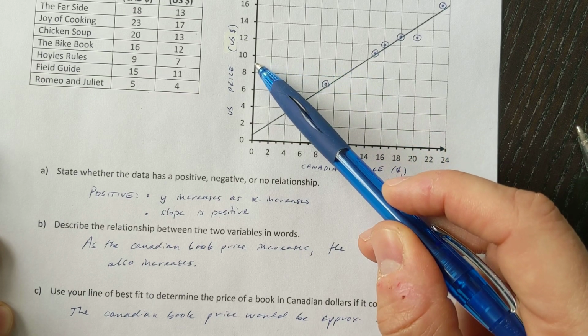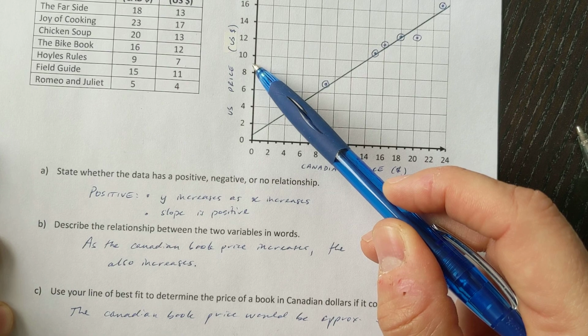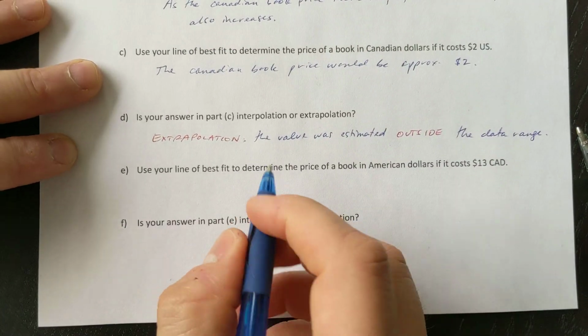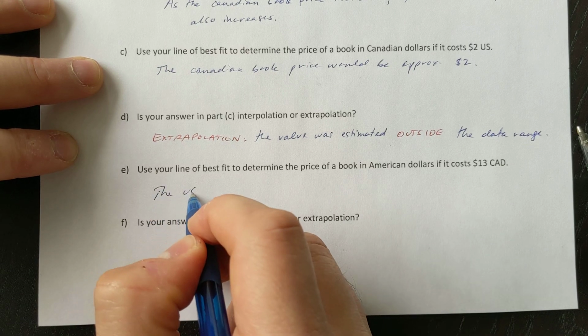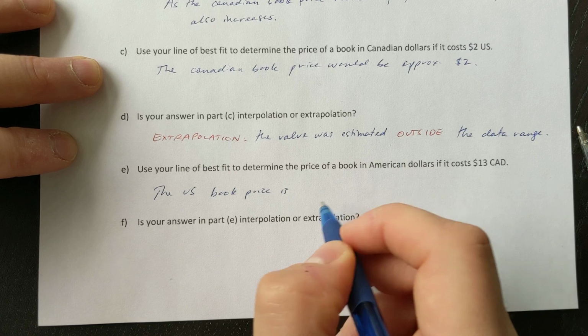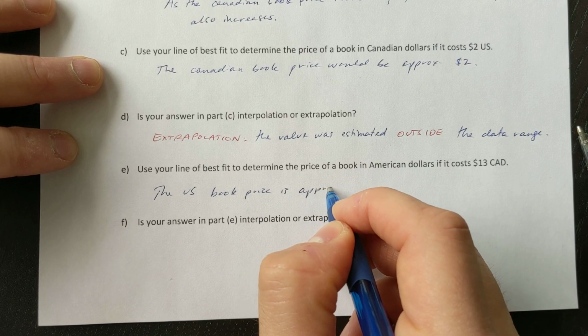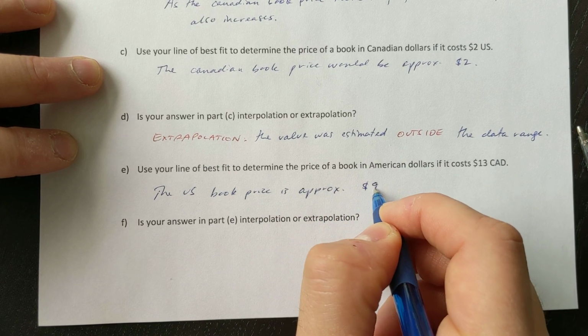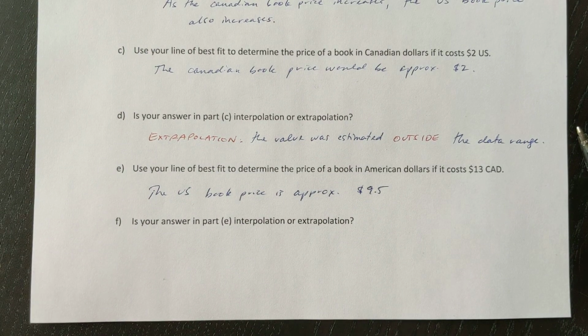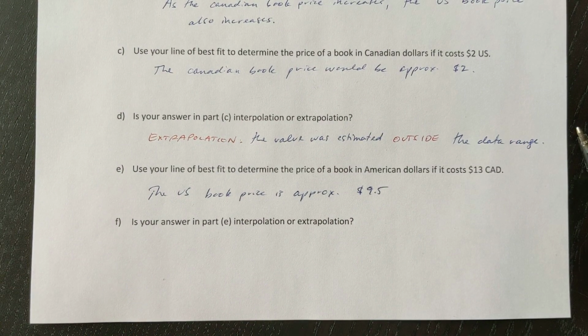And so 9 is in the middle, and it's halfway between 9 and 10, so I'm going to say the US book price is approximately $9.50 US, right?